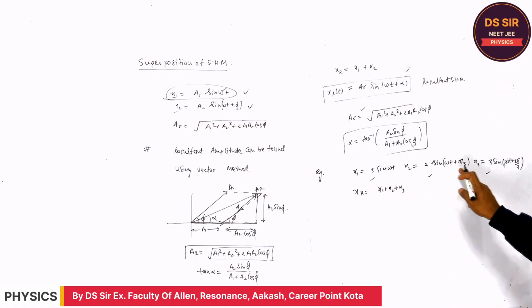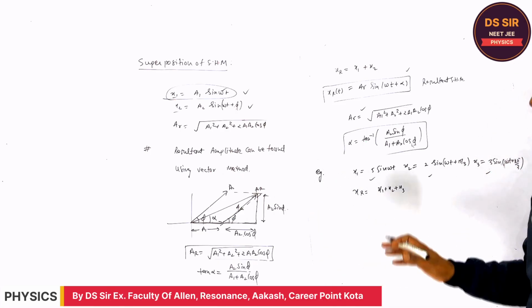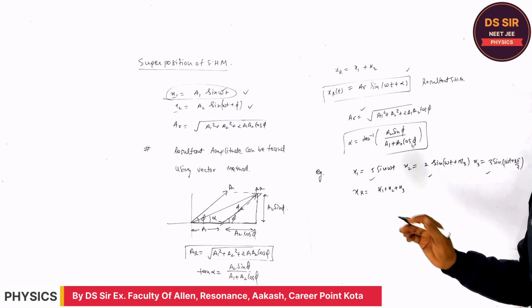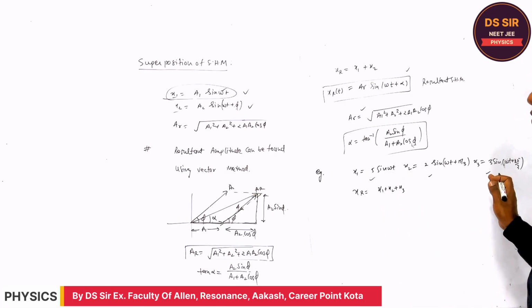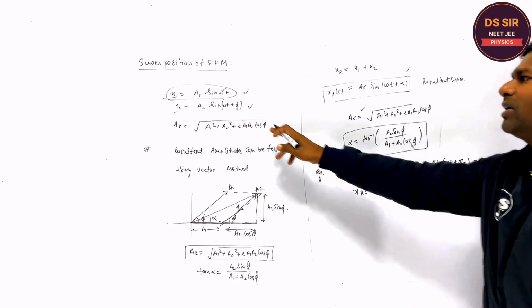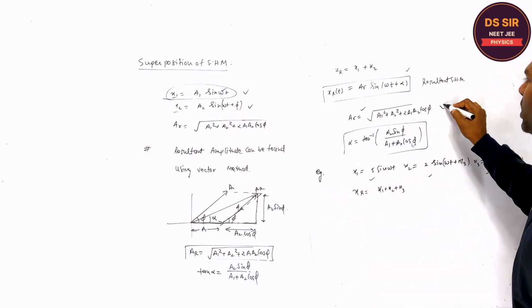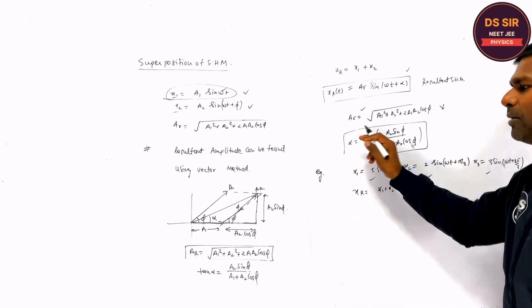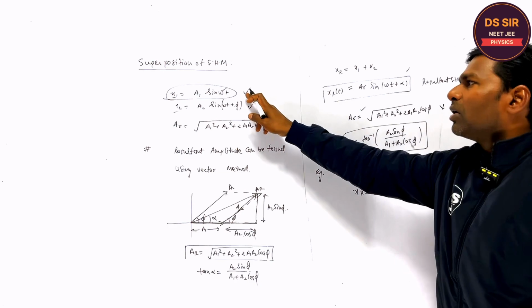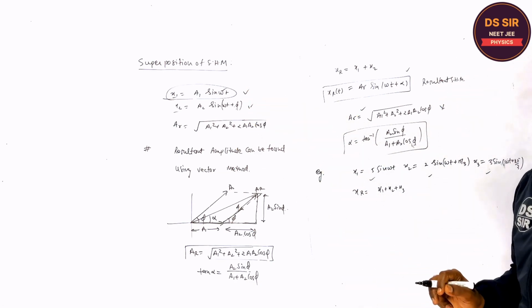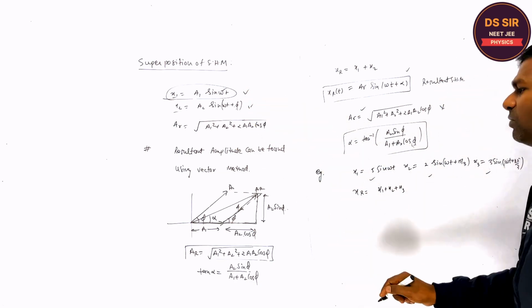But if you open the sine a plus b, it will be long. Even if one more x4 is added, we cannot do it the way we did in the previous method, and this formula is not applied. This formula is only for two SHM when they are superimposed. If more than two, then what do we have to do?